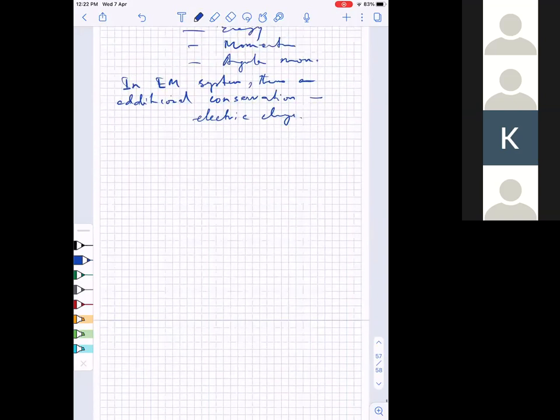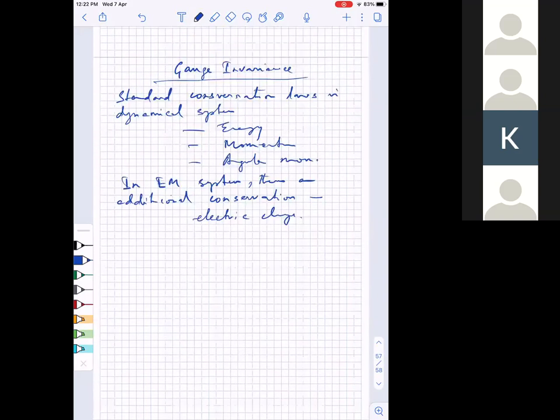So yeah, the gauge invariance. In standard dynamical systems, we have the standard conservation laws, which are the energy, momentum, angular momentum. You can write down a few more, okay? And these you can also do for the electromagnetic systems, which you have done already. Now, there is one thing extra which is there in ED, which is not there in mechanical systems, that we have charge.